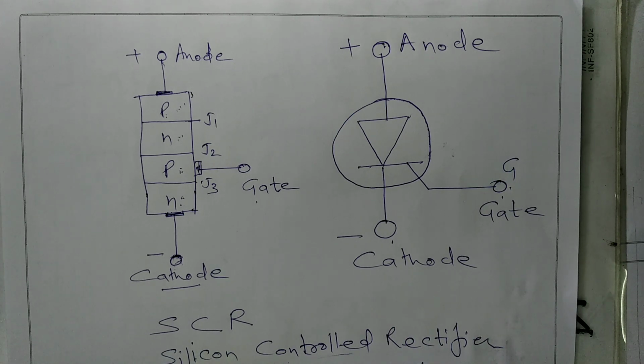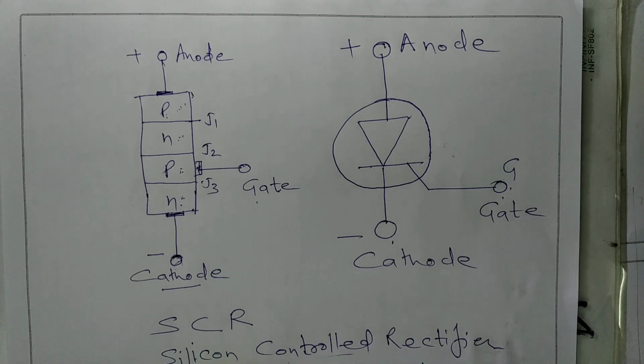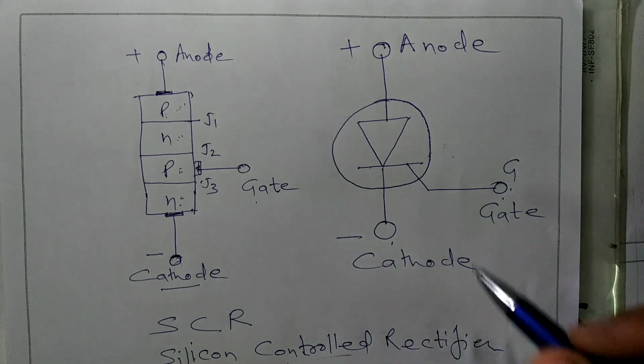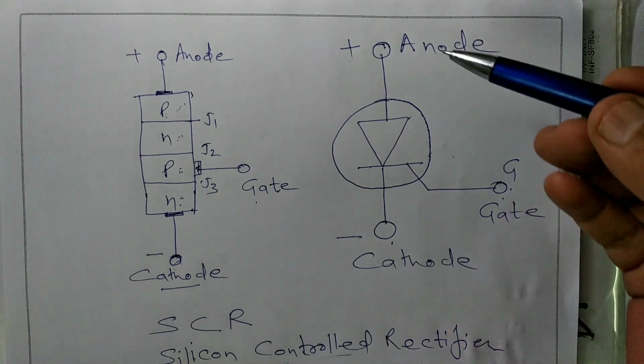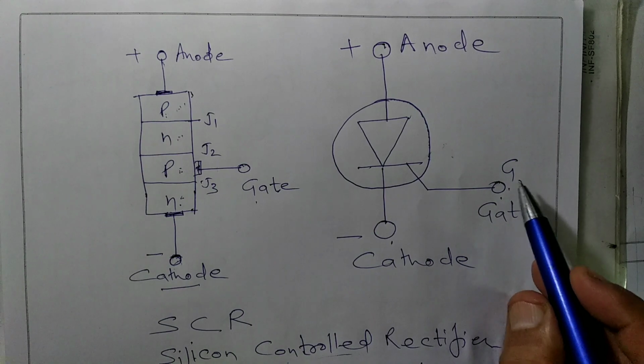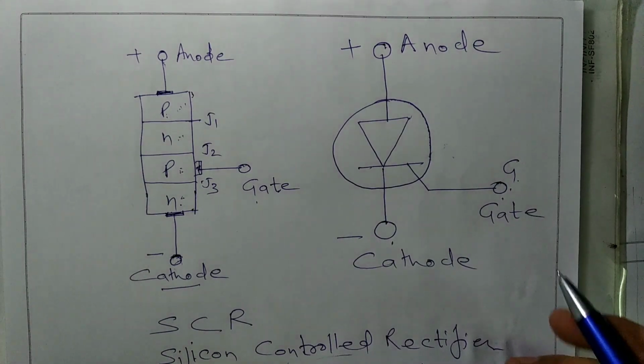A simple PN junction rectifier is not a controlled rectifier. In that case, we have only anode and cathode, right? And in this case, we have a gate terminal.